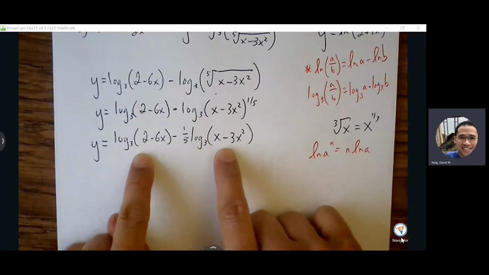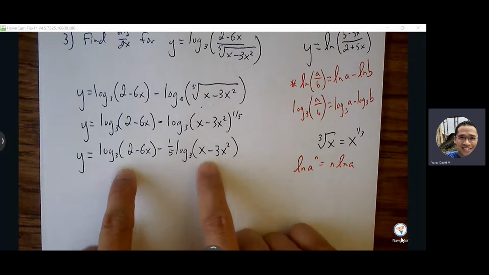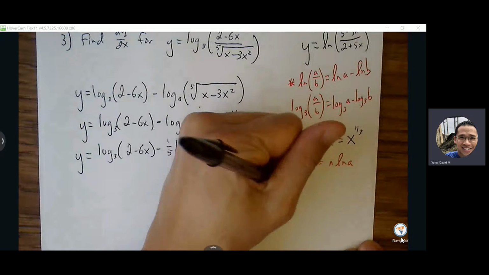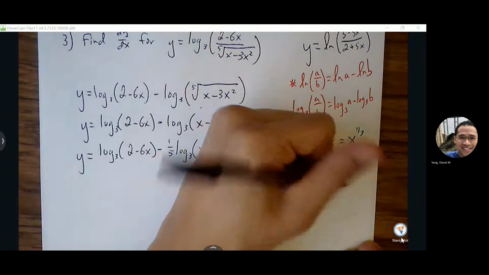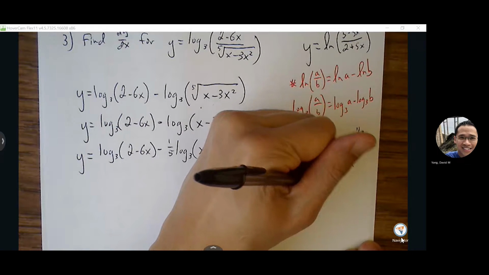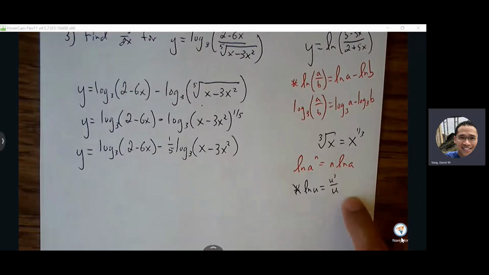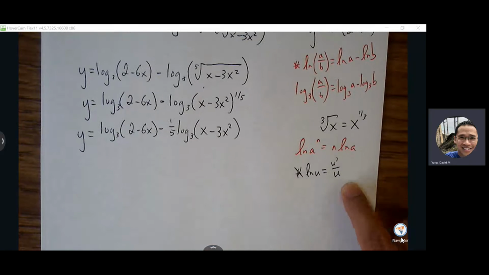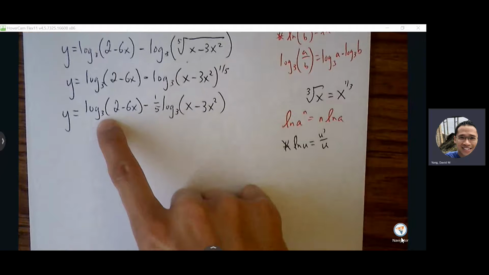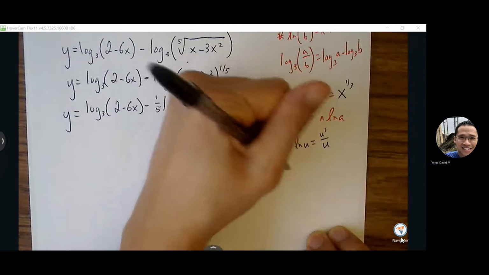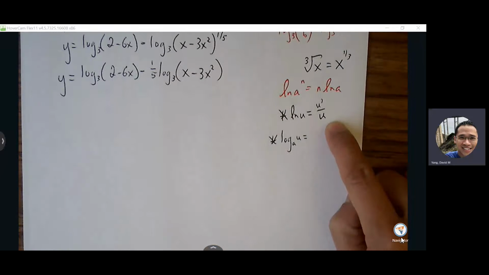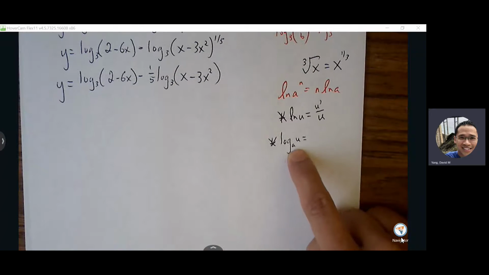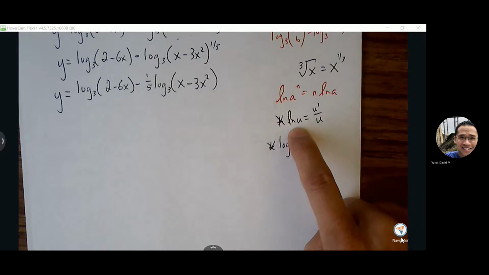Okay, so now it's nice and clean for us to apply the derivative. You guys remember the rule for natural log of u? It's u prime over u. Remember that for natural log derivative? Okay. This is not log base e, this is log base 3. So it's going to look a lot like natural log of u, still that u prime over u, but then there's a little bit of conversion that needs to happen because it's base a and not base e.